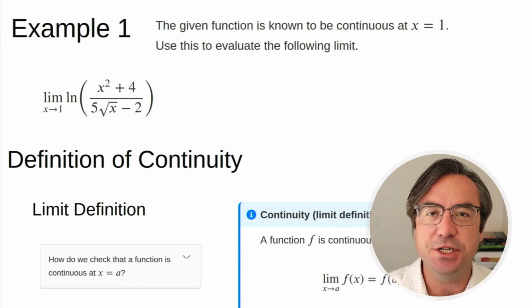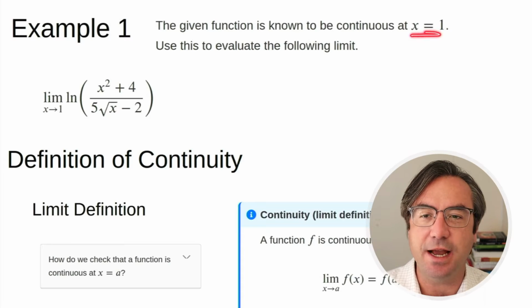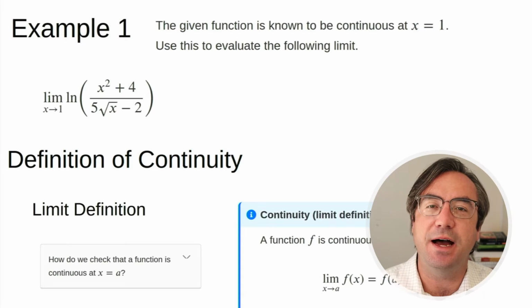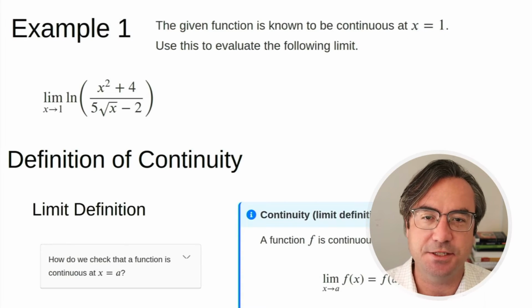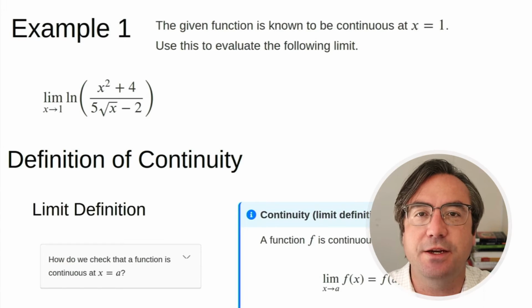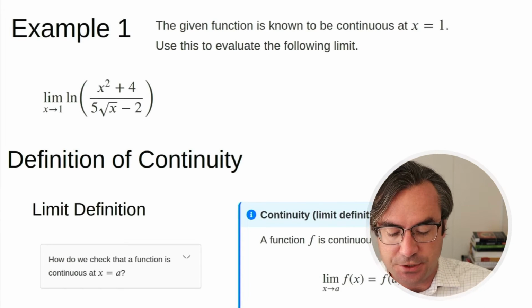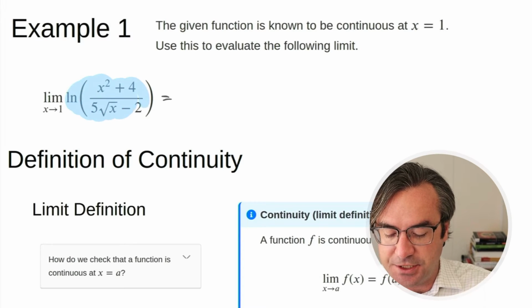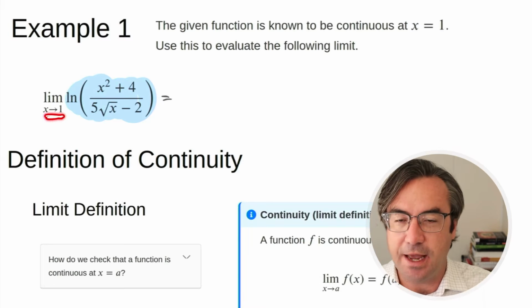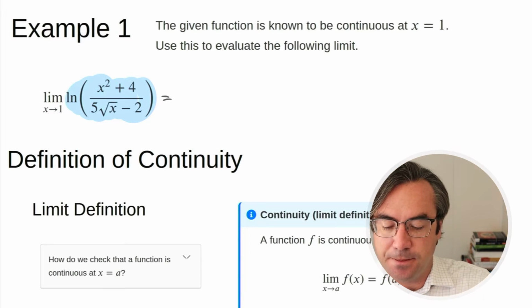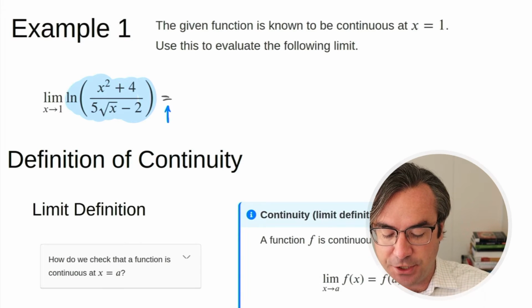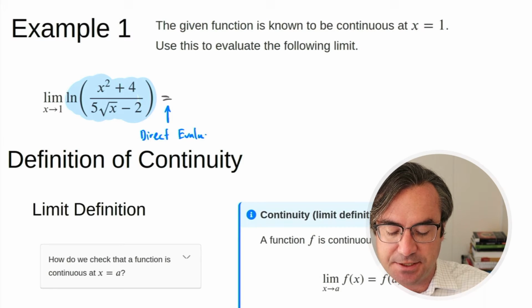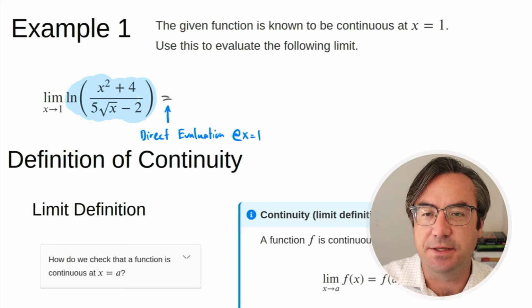And if we know our function is continuous at a particular x value, that simplifies our limit calculation process because we can use what we call direct evaluation. Normally, if we know the function is continuous at the number x is approaching, we can just do direct evaluation. This has been one of our common techniques for calculating limits.